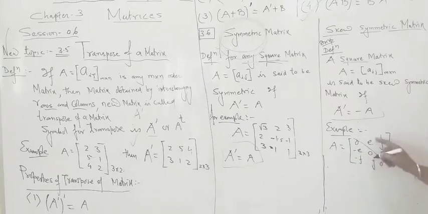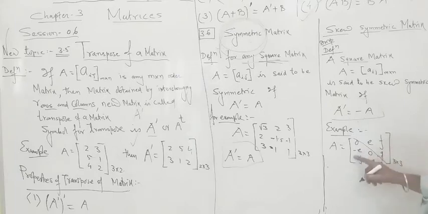Then in the cross positions you put identical elements, E then E, F then F, G and G, but differing with a minus sign. If it is minus G then G, otherwise if it is G then minus G, minus F then F, E then minus E, and vice versa. Then the new matrix is called a skew symmetric matrix.